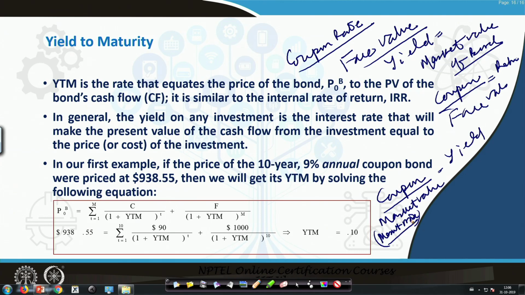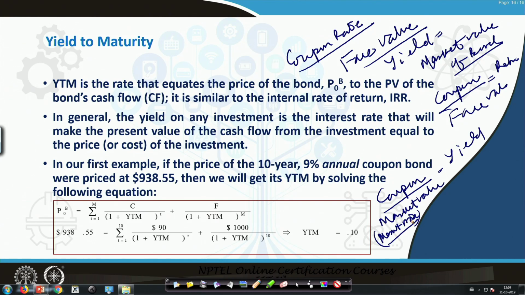But the current yield of that particular bond is 90 divided by 938.55. In the previous session, the value of the bond at a 9% coupon, 10% discount rate, 10 years maturity, and 1000 face value was 938.55, if you remember.